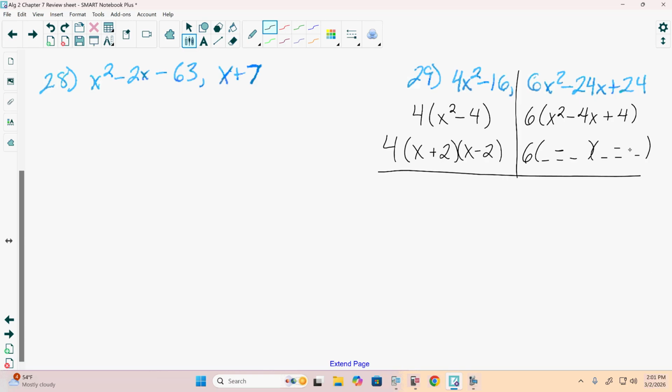So we'd have negative and negative. Factors of x squared are x and x. Now our factors of 4 are 1 and 4 or 2 and 2. Which one do we want? 2 and 2. Because if we check this, we'd get x times negative 2, which is negative 2x. Negative 2 times x is negative 2x. Negative 2 minus 2 is indeed negative 4, the middle term we want.